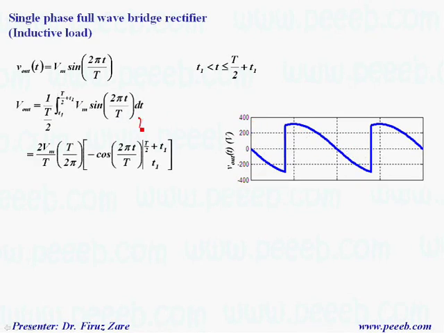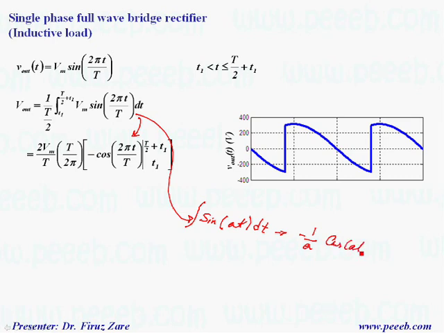So we can solve the equation and find this answer, because as I mentioned before, if we have sin(at), the integral with the variable of integration dt gives minus 1 over a cos(at). So this term is 1 over a, and this factor is a.